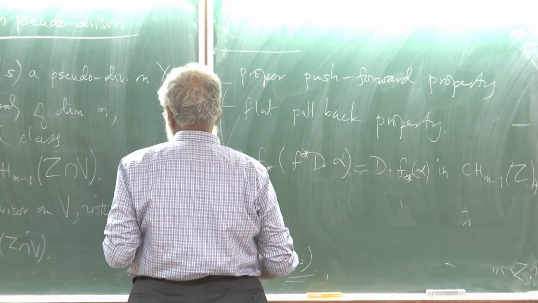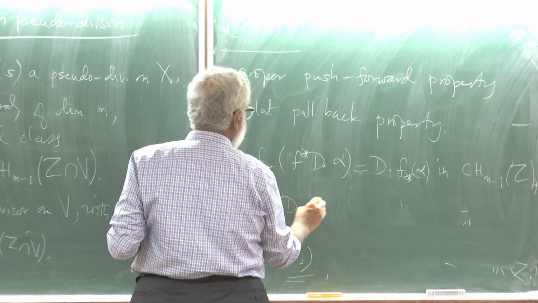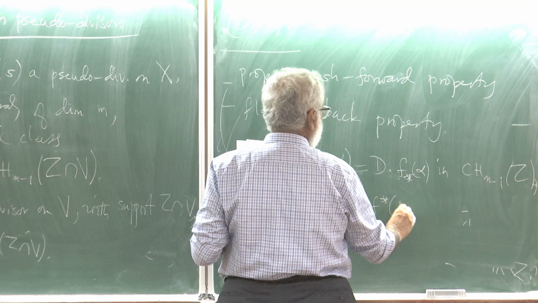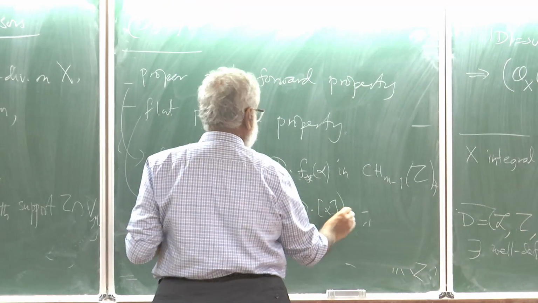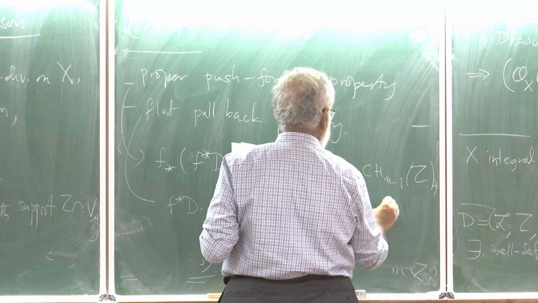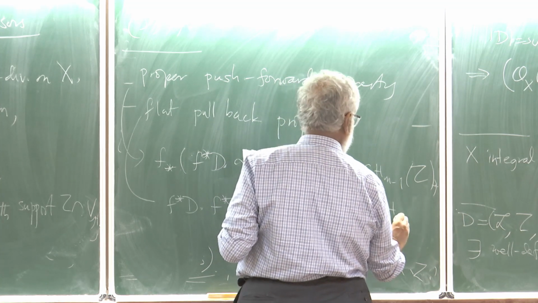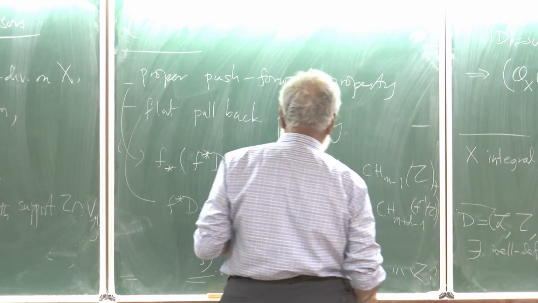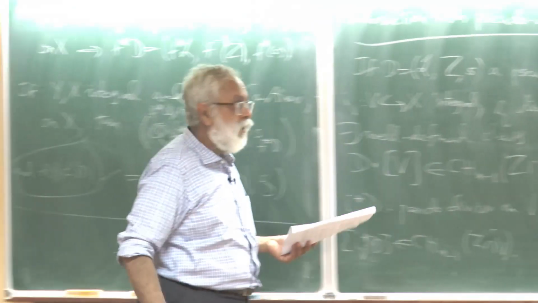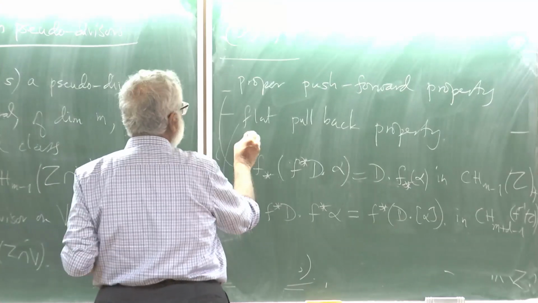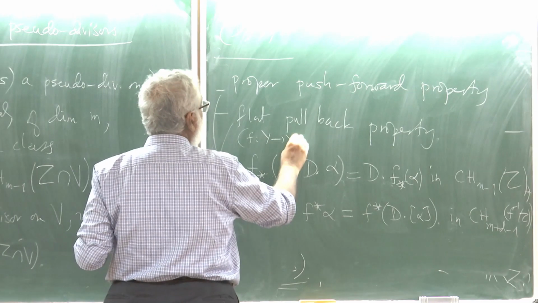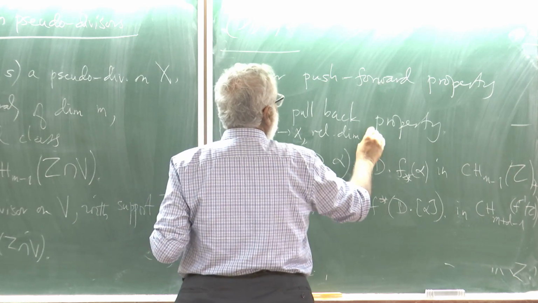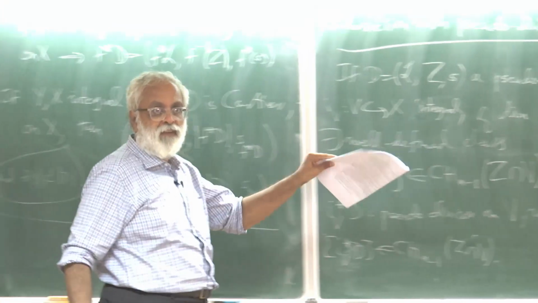Or this could be something like this: f upper star D dot f upper star alpha is f upper star (D dot alpha) in Chow M plus d minus 1 of f inverse Z. Something like that. If I have f from Y to X, in the usual thing, I have a flat map of relative dimension d.